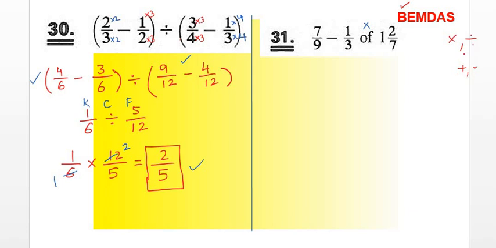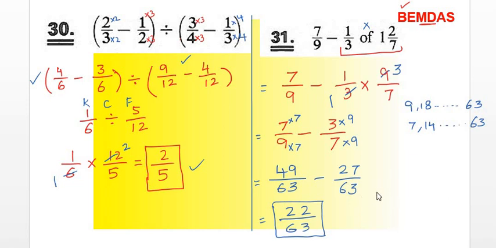But if you have one operation from this group and the other operation from this group, then multiplication and division in any question is always done first of all. So right now what you have to do is multiply these two fractions, get the answer. Whatever the answer will be, it will be subtracted from 7 out of 9. Clear? Now better pause the video and complete the question on your own.